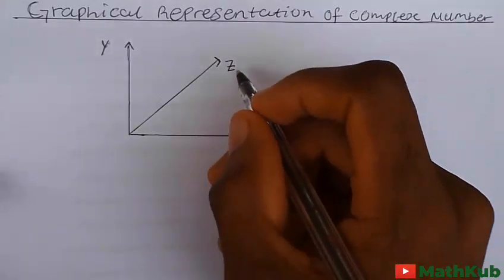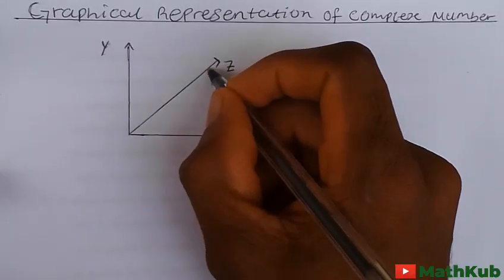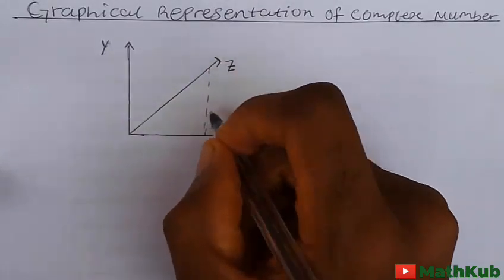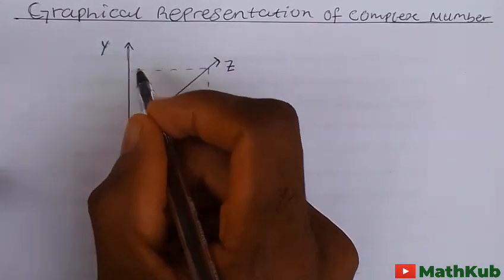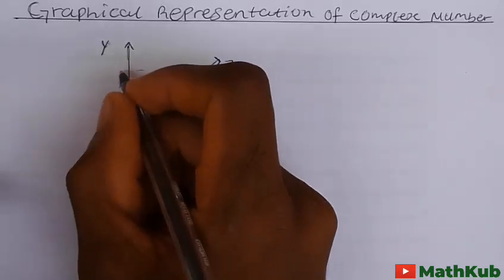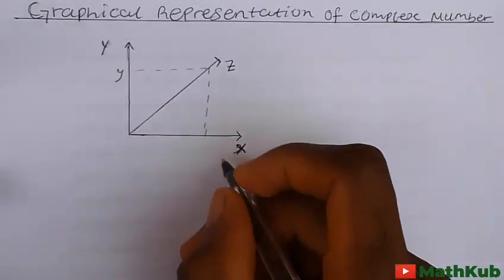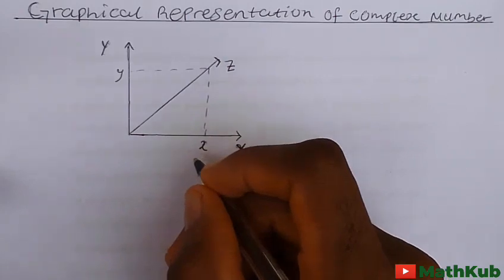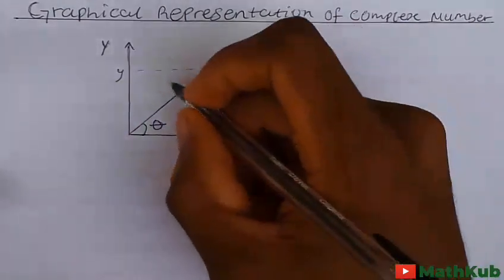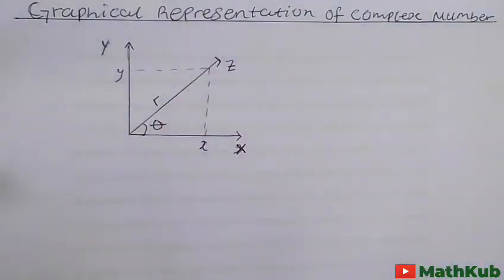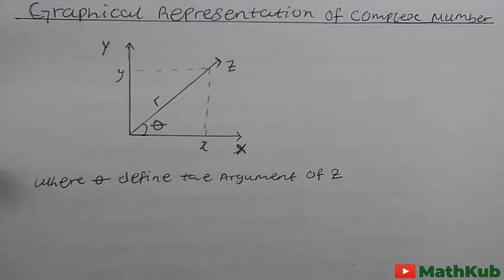If we take the distance from here to here, and we take the distance from here to here, we know that this will be your y and this is your x. At this point, this will become your theta, and we have r, where theta defines the argument of z.